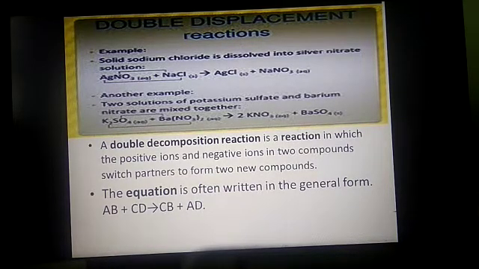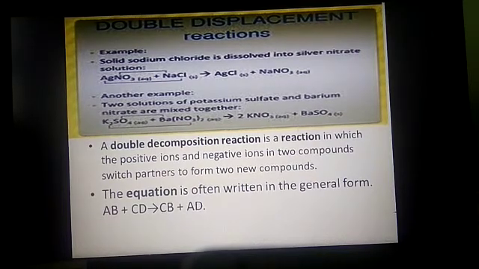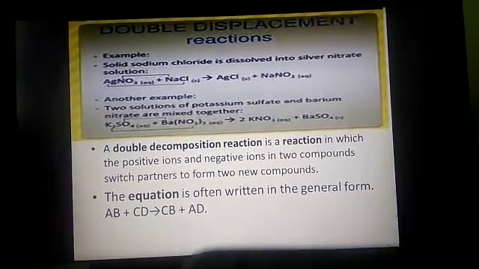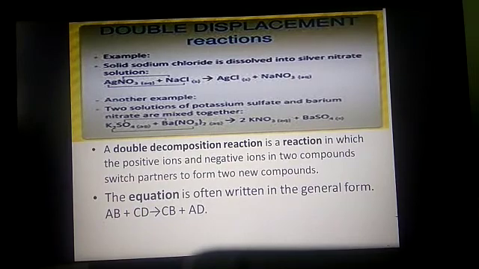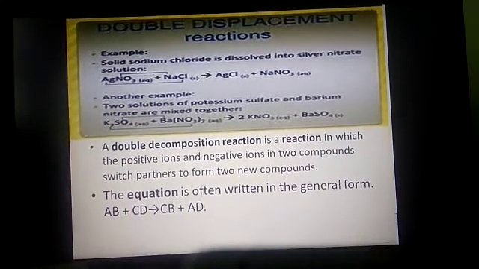Now another example, two solutions of potassium sulfate and barium nitrate are mixed together. Potassium sulfate and barium nitrate form potassium nitrate and barium sulfate.